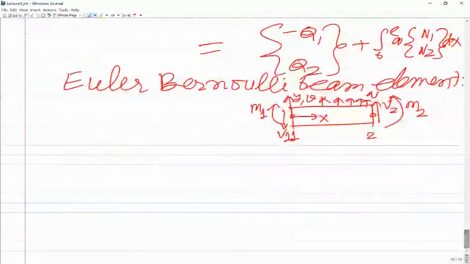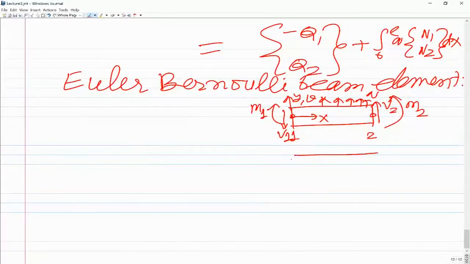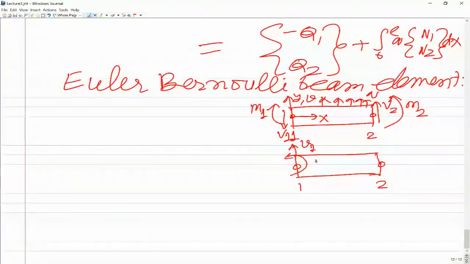For this case we have seen this is governed by a fourth order differential equation, so the primary variables are v and dv by dx. So when we talk of the degrees of freedom, we should have v at node 1 and dv by dx at node 1, v2 and dv by dx at node 2, as degrees of freedom.